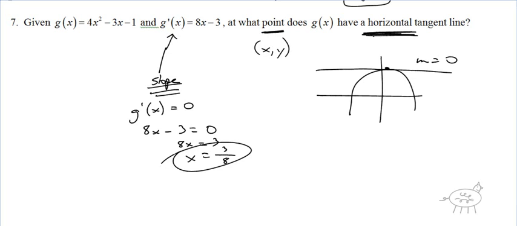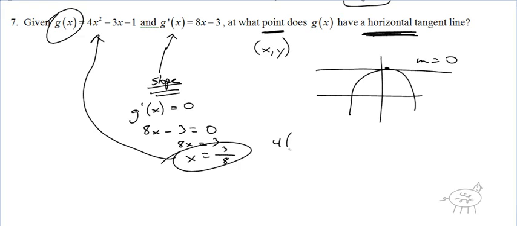How do I find the y value? You plug it back into the original function. That makes sense, right? If I gave you a function, you know, y equals mx plus b, whatever, some function, and I gave you a value of x, how do you find y? You plug it back into the original function. Don't plug it back into the slope function. Okay? Because if you plug it back into the slope function, you get 0, because you know your slope is 0. All right?